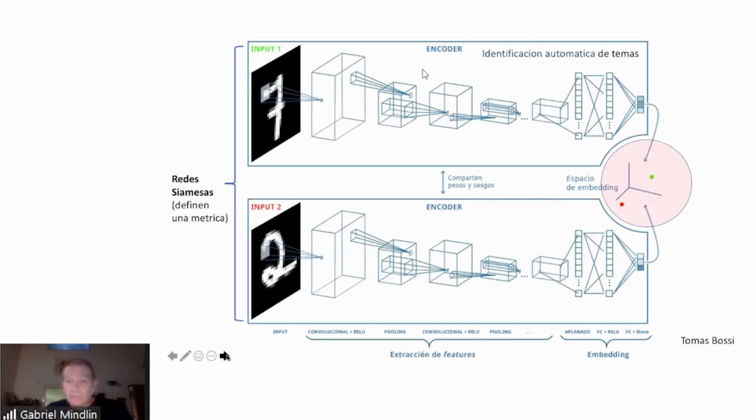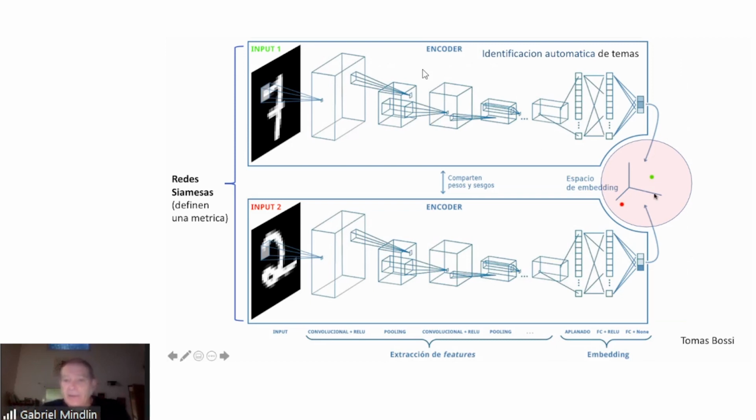And in order to see whether there were similarities, what we did is to build a Siamese network. So these are neural networks, two similar, identical actually, neural networks, which are trained in this way. The last layer defines a set of coordinates in an abstract representation space.